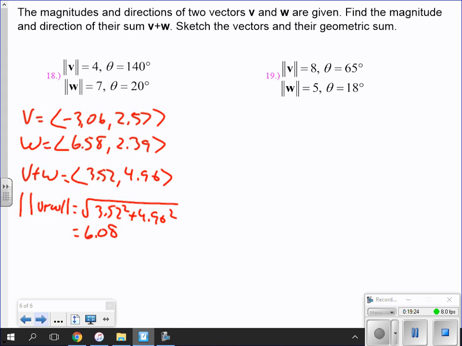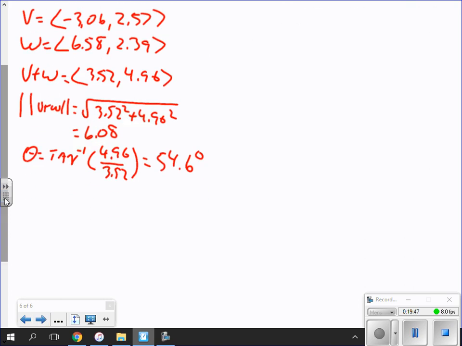And then theta is equal to the inverse tangent of 4.96 over 3.52, and you end up getting theta being 54.6 degrees. Actually, it says find the magnitude and direction, so you don't have to go further. That's our magnitude and our direction. That's good enough.